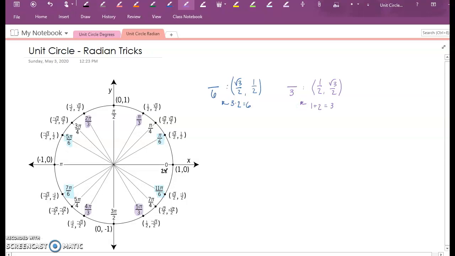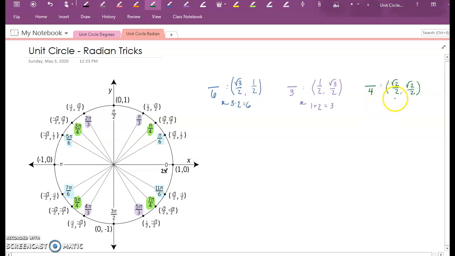And finally, we have denominators of 4. So we have pi over 4, 3 pi over 4, 5 pi over 4, and 7 pi over 4. Anything with a denominator of 4, they're all square root 2 over 2, comma, root 2 over 2.